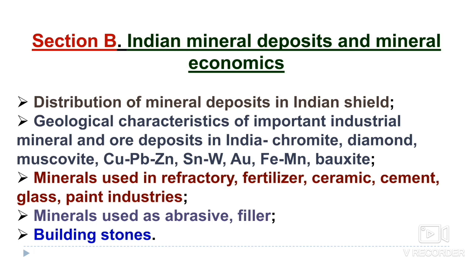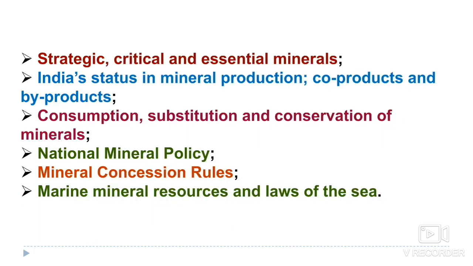Minerals used as abrasives, fillers, building stone, strategic, critical and essential minerals, India's status in mineral production, co-products and byproducts, the consumption, substitution and conservation of minerals, National Mineral Policy, Mineral Concession Rules, and marine mineral resources and laws of the sea.